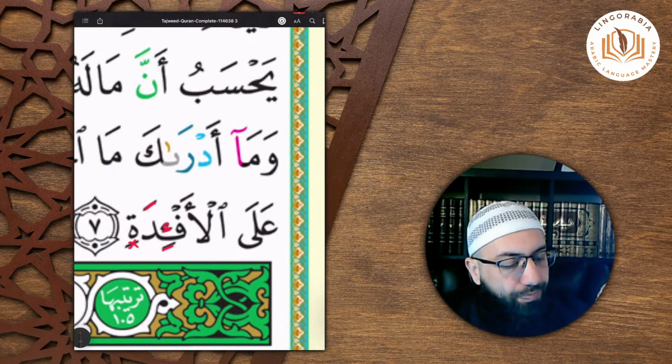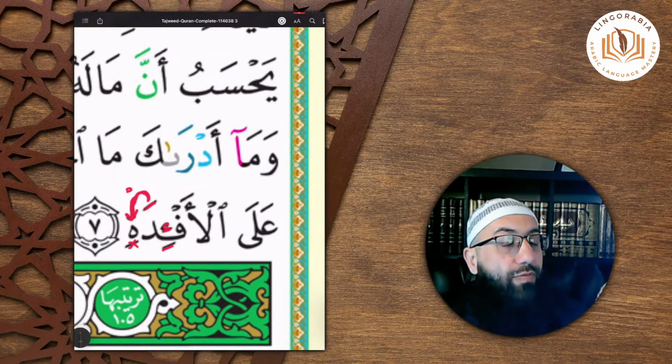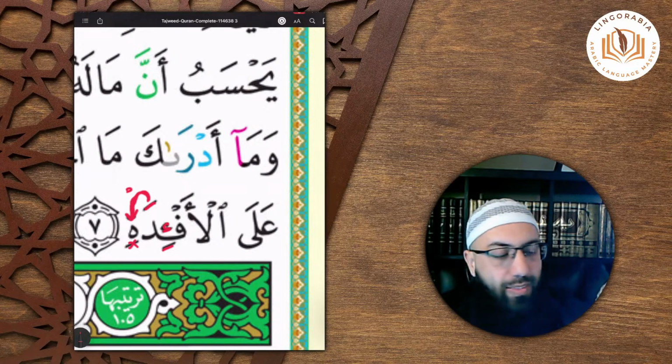You drop it. And the ta marbuta, which becomes non-voweled, you have to attach to the voweled letter before it. And this letter becomes a ha, because whenever a ta marbuta is non-voweled, it becomes a ha, guys. So you read this as dah.